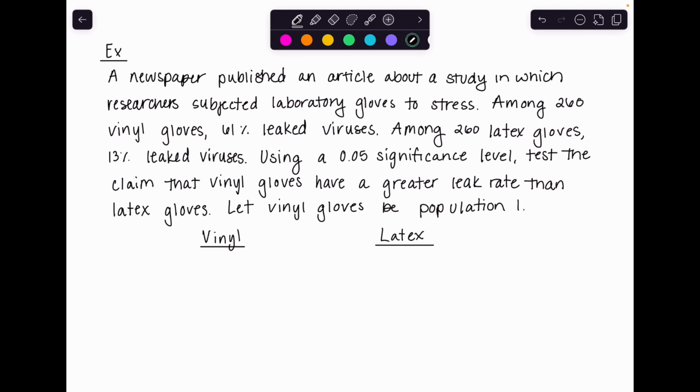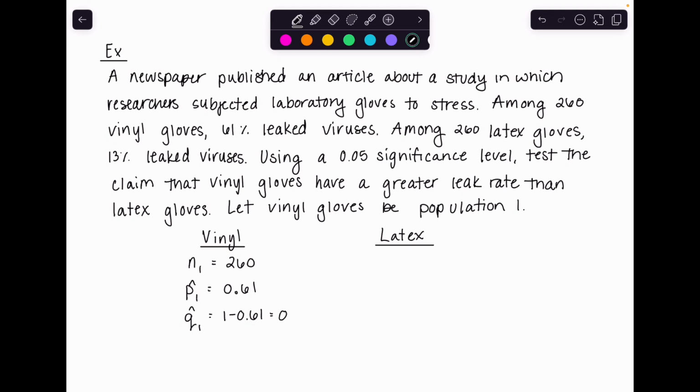They tell us to let vinyl gloves be population 1, so the sample size of my first population is those 260 vinyl gloves. So N1 is 260. And then that sample proportion, the percentage that leaked, is 61%, so that is 0.61. And then the proportion that didn't leak is 1 minus that.